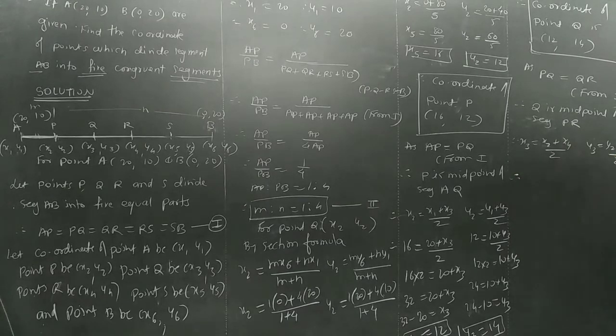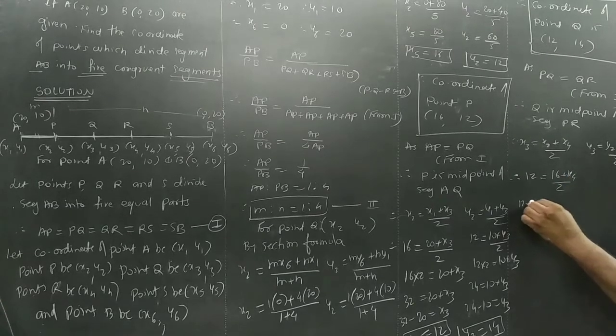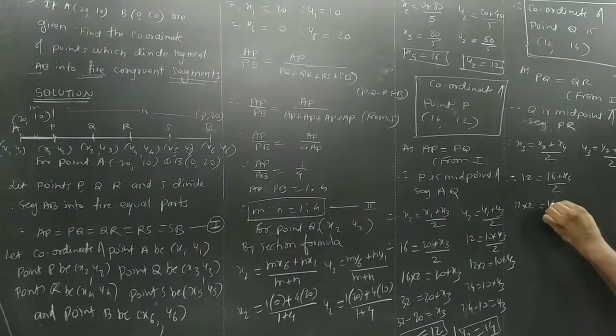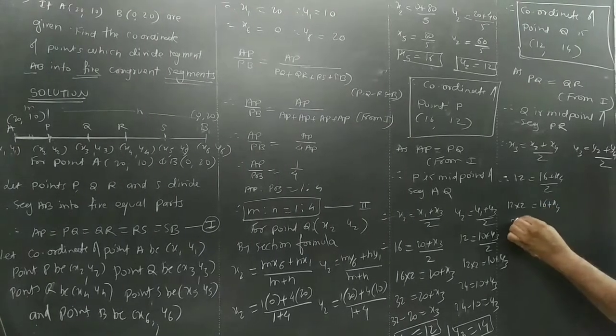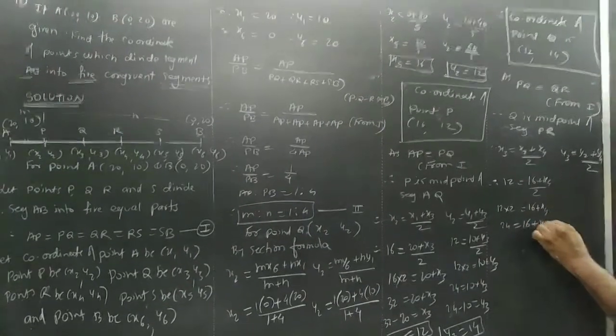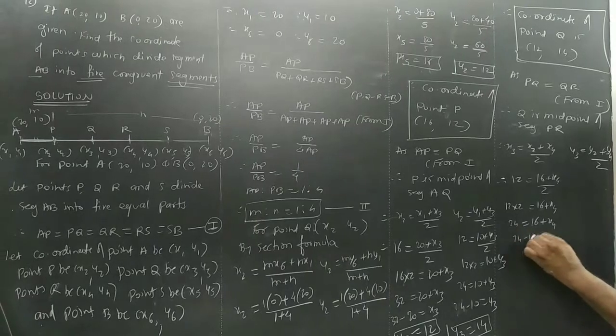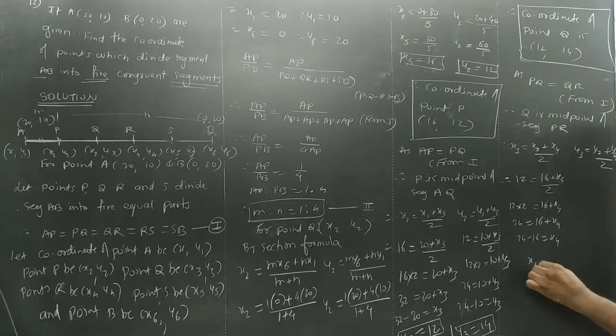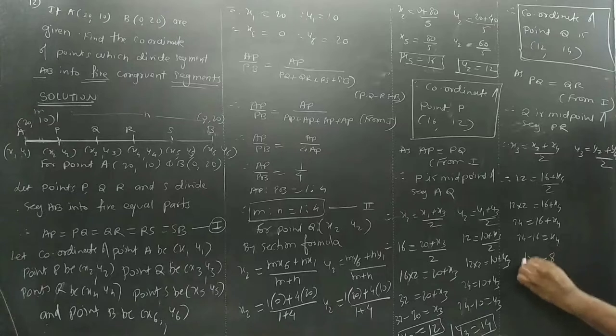Therefore, the value of x3 is 12. 12 is equal to x2, the value we found, x2 is 16, plus x4 upon 2. So 12 into 2 is equal to 16 plus x4. 24 is equal to 16 plus x4. So 24 minus 16 is equal to x4. You got x4 is 8.